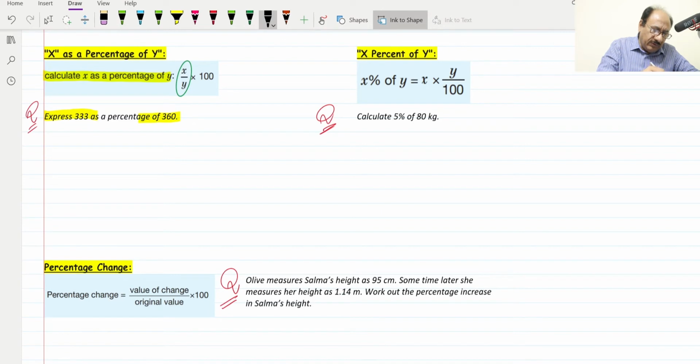So we will write 333 divided by 360, and the percentage will be multiplied by 100.